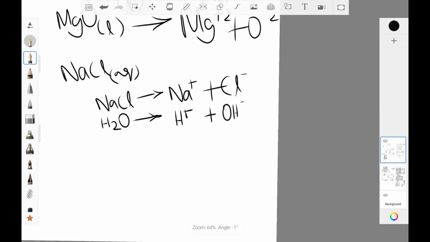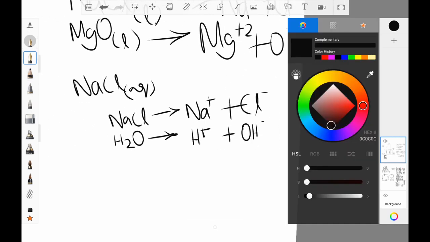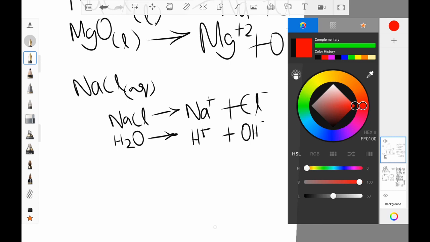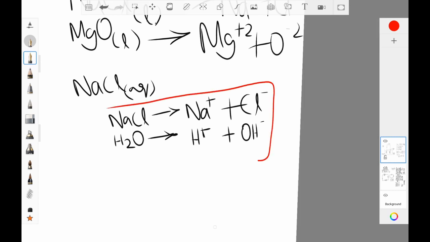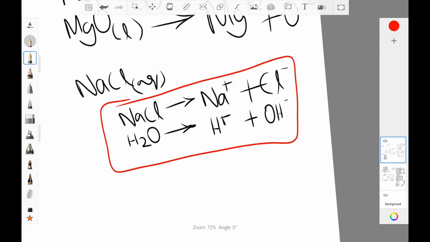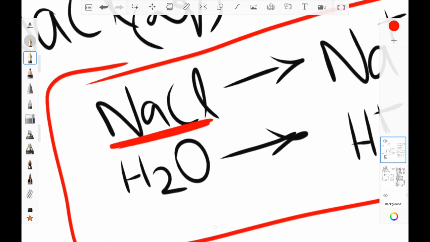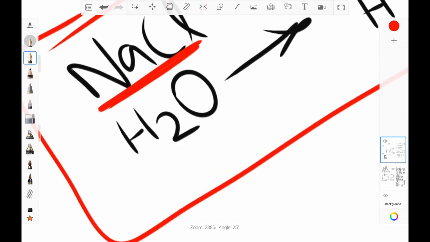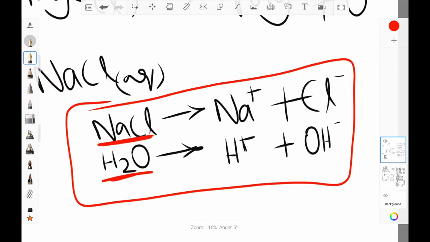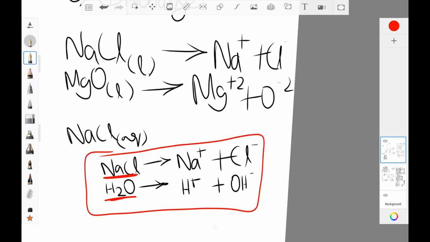Right, so that's how water decomposes. You should definitely keep this in mind. For all aqueous solutions, you are going to show the decomposition of the actual ionic compound, and on top of that, you also must show the decomposition of water. That's for aqueous solutions of ionic compounds.